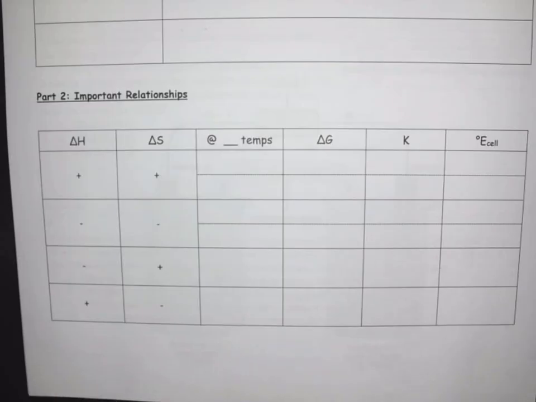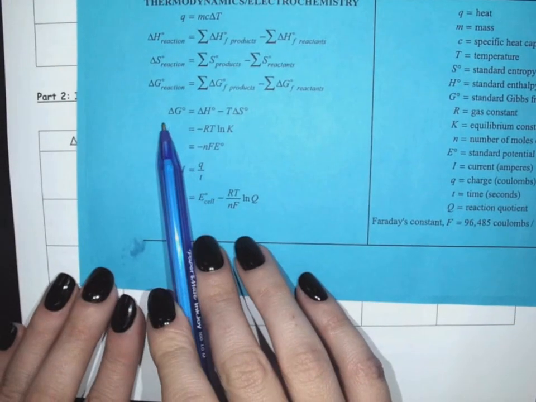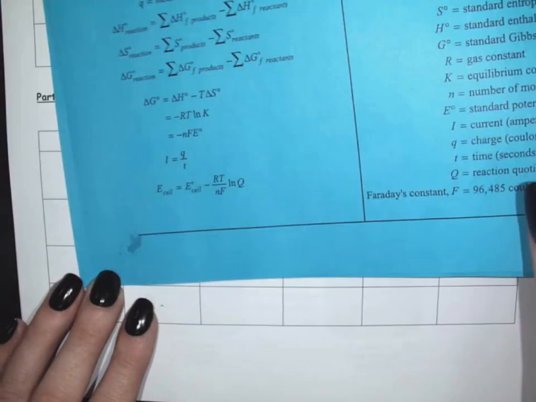Now, on your blue reference, let's see if I can find where this is at. Right here. It says delta G is equal to delta H minus T delta S, okay?